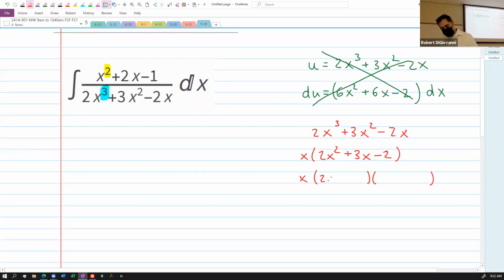What do we have? 2x minus 1 plus 2. Is that right? That doesn't look right. No, other way around. Plus 2 here. Minus 1. Does that work? No, yeah, sorry. Hold on.